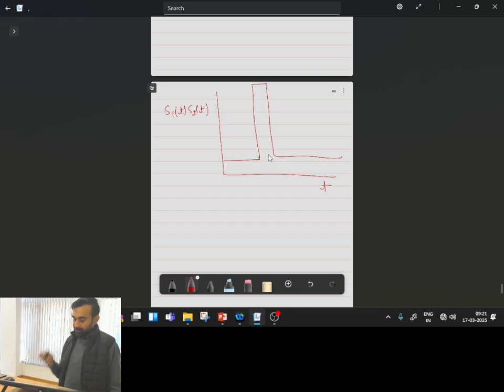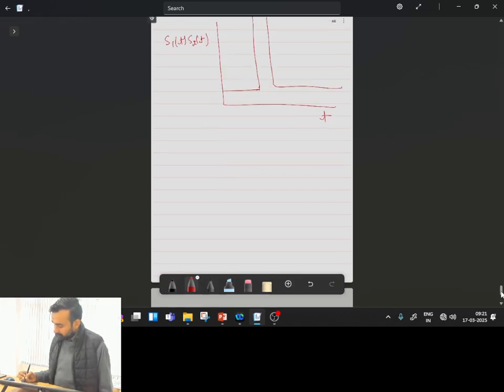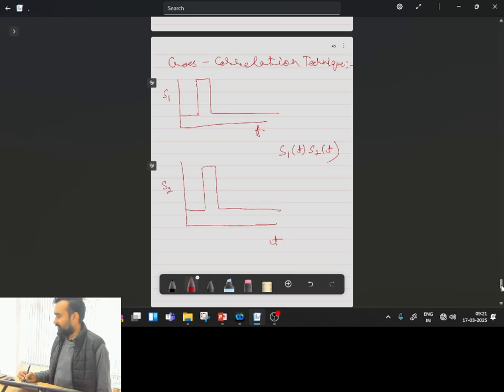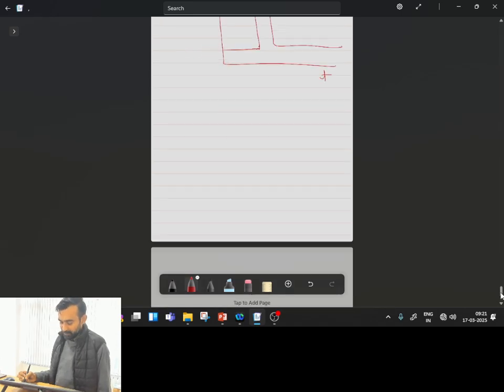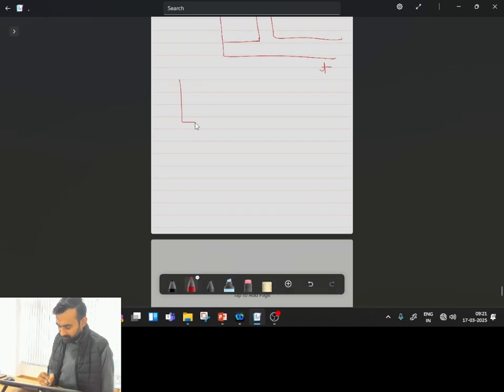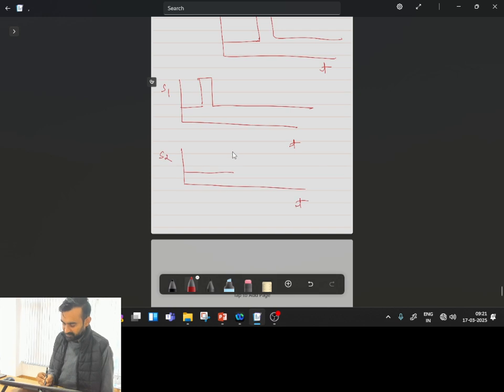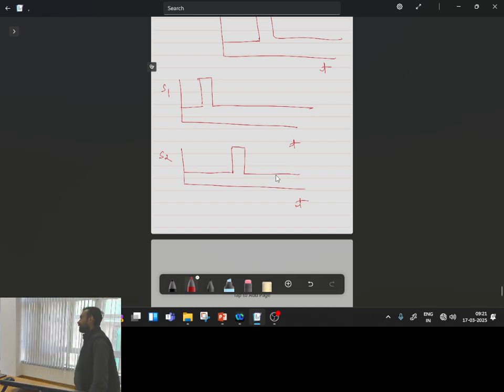Okay, now it may happen that in this scenario it was very simple, clearly looking similar. You may find some signal something like this. Now in this scenario, can you tell whether S1 and S2 are similar?